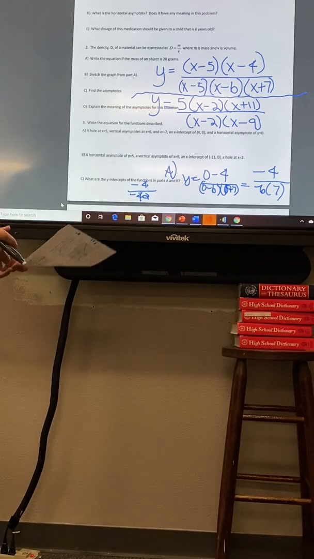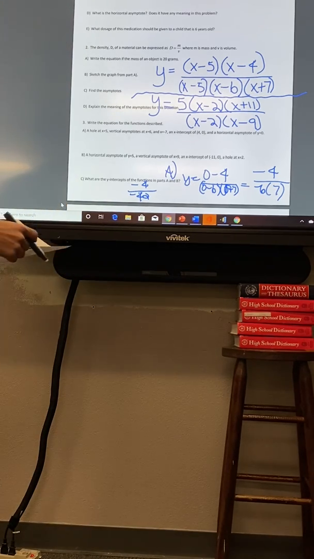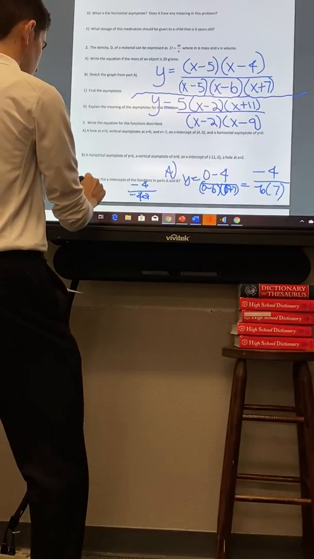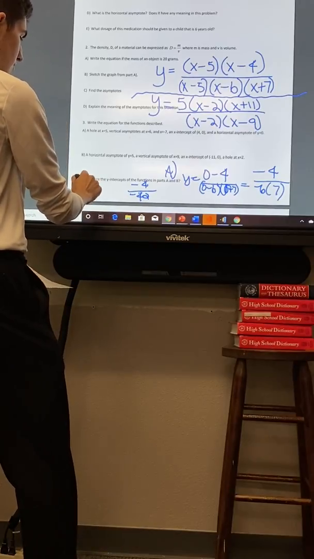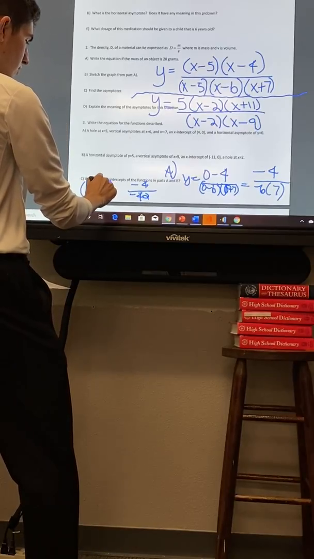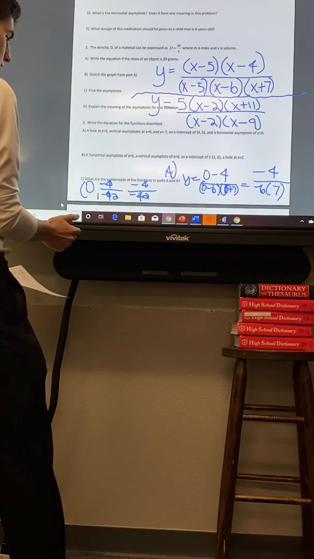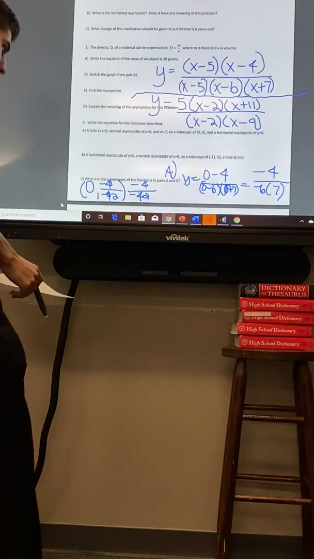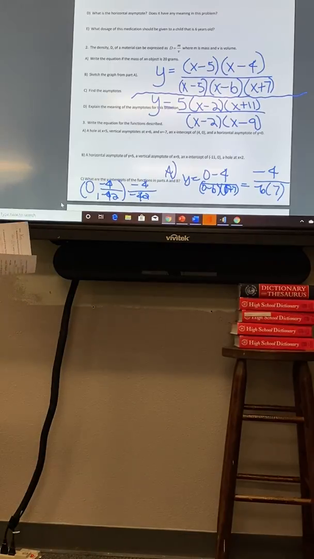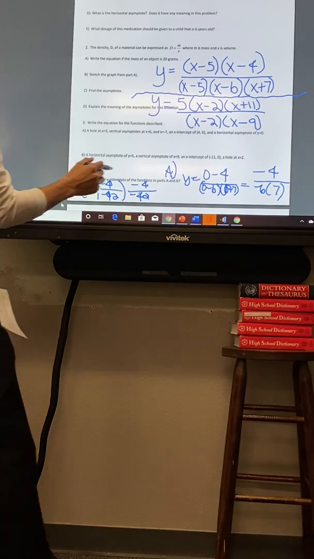You could simplify that, but I'm just going to leave it. You get your y-intercept at 0 comma negative 4 over negative 42. And that's all we would have to do for A.